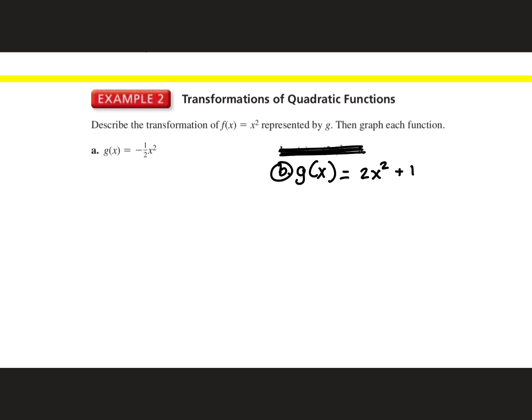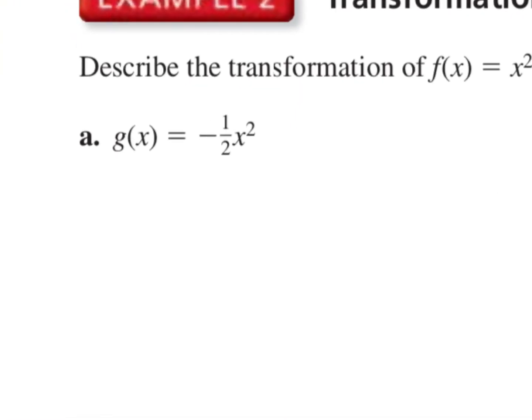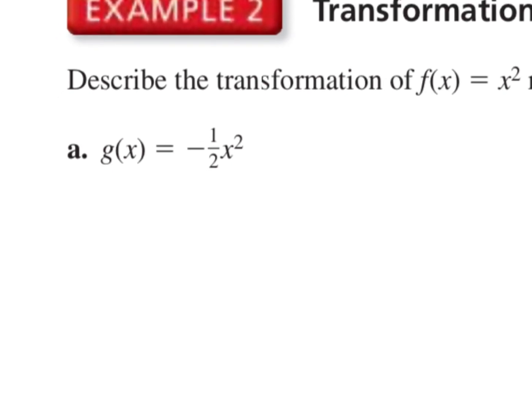For example 2, we're going to describe our transformations. When I have a negative being multiplied on the outside, that's a reflection. Since it's outside the x, not inside parentheses, that means it's a reflection on the x-axis.